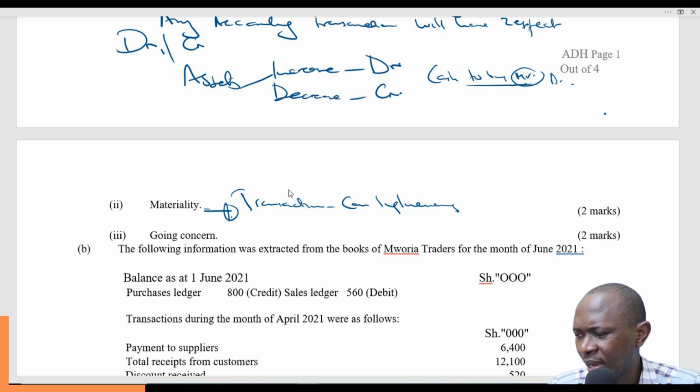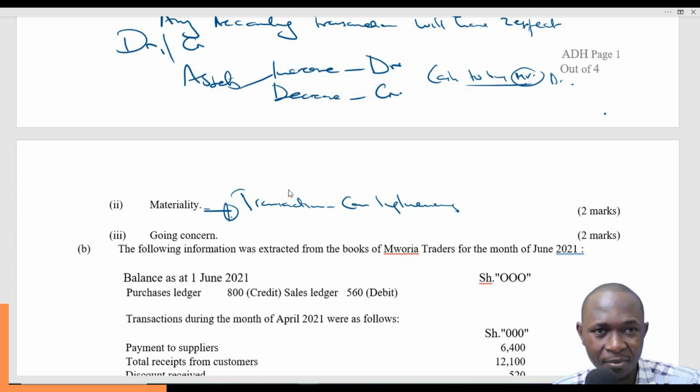Sometimes when you prepare books of account, you may realize that you've left out one or two things, and the question we ask ourselves is whether it is significant enough to affect the decision making ability or process of the decision maker. If yes, then we say that it is material, and so we must include it. But if it's not so significant, then we say it's insignificant or immaterial.